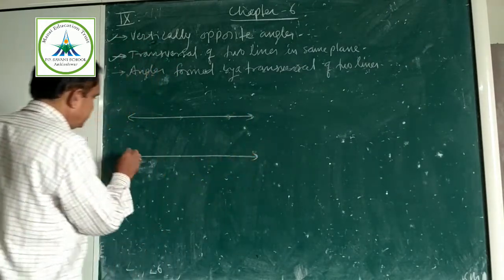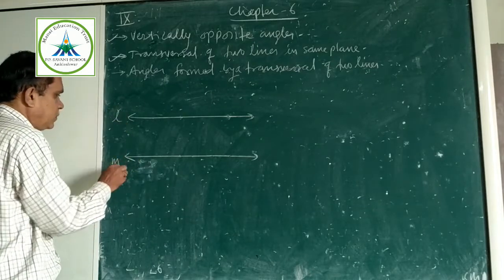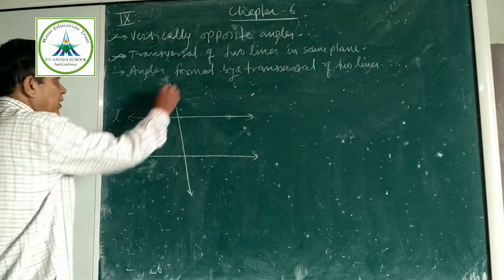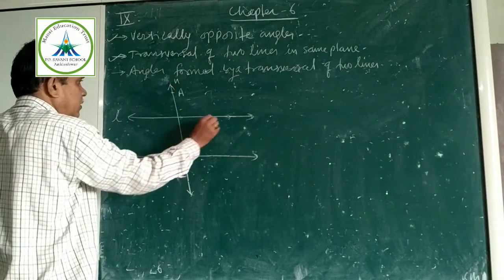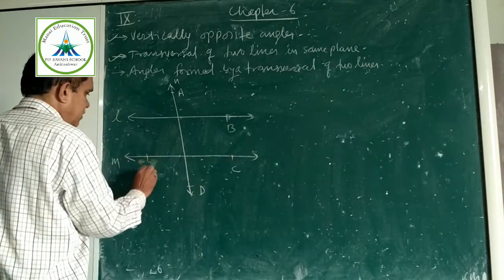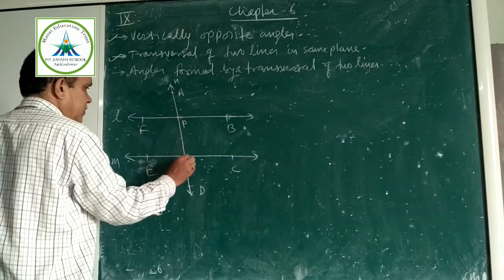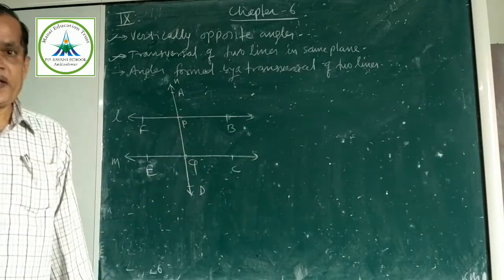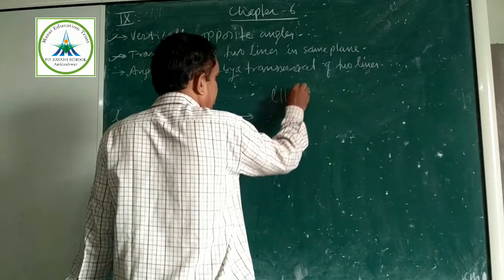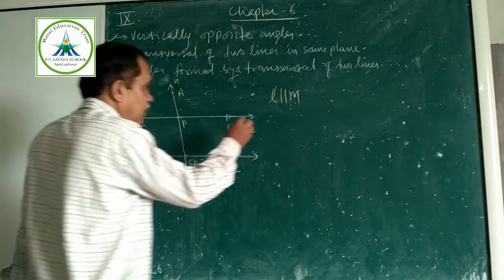Okay, I'm drawing parallel lines, line L and line M. I'm drawing a transversal. I'm naming now A, B, C, D, E, F, P, Q. Okay, here line L is parallel to M, and line N is the transversal.